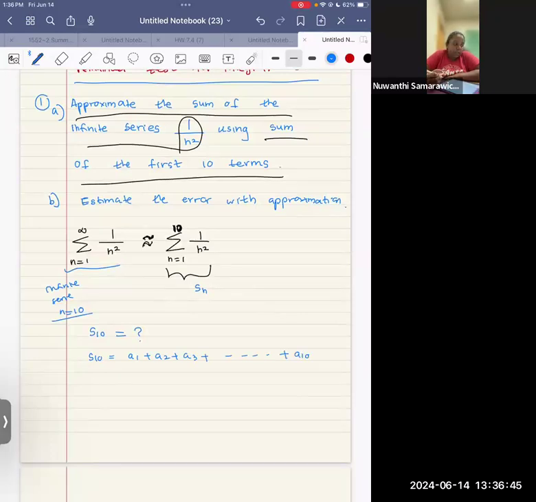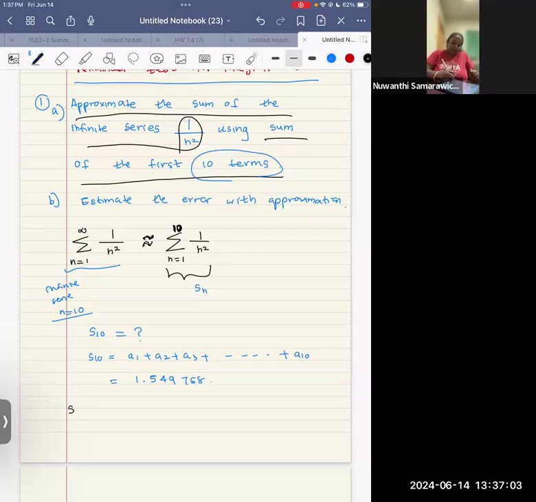Okay, so I will just write this because we don't have much time. This is 1.549768, because they're asking for the sum of the first 10 terms.